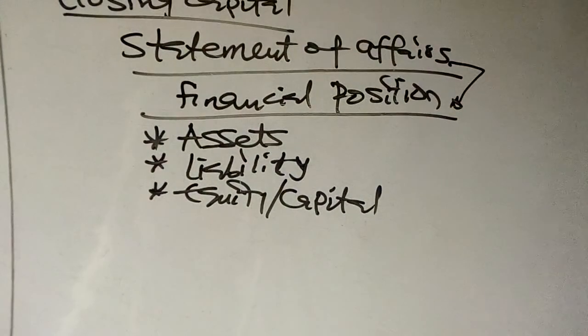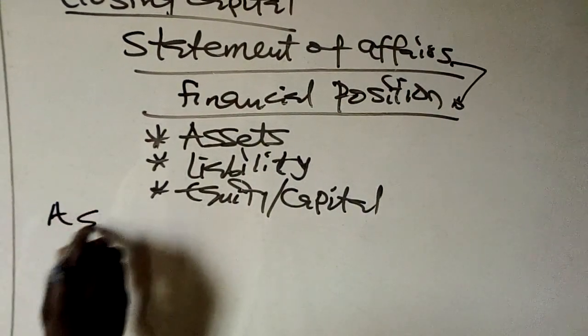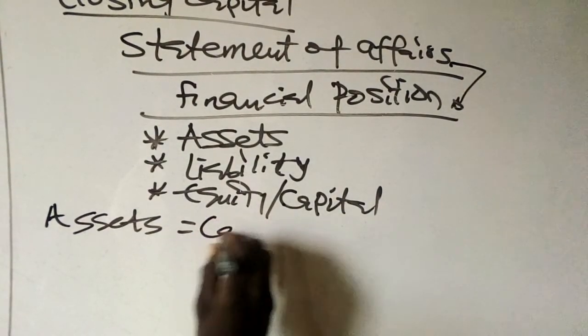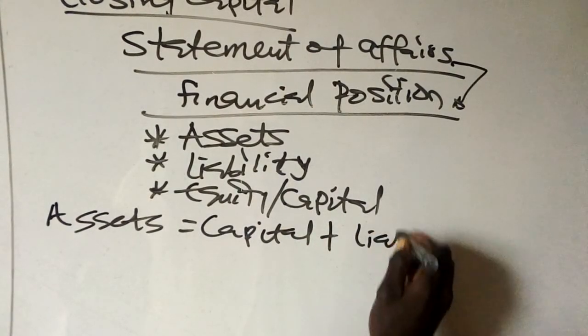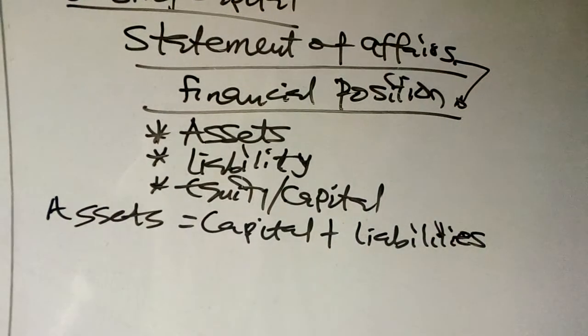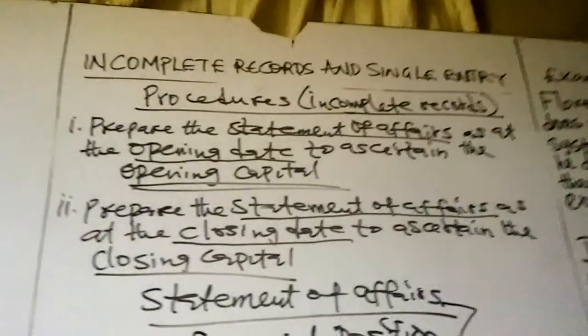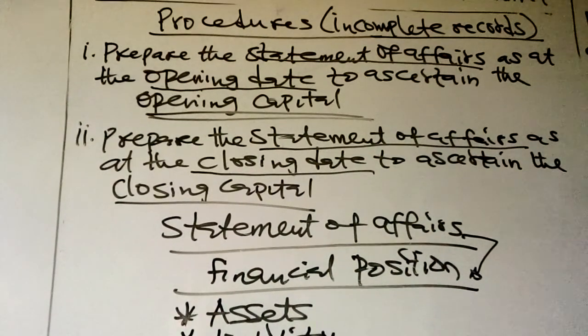If you look at the concept of capital maintenance, which is the accounting equation, we used to say assets equal to capital plus liabilities. The reason for preparing the two statements of affairs outlined above is to ascertain the capital.